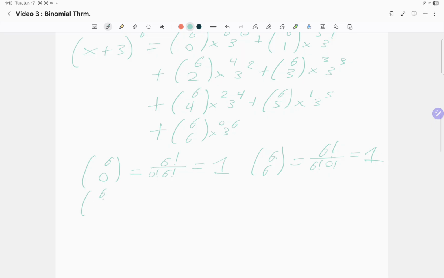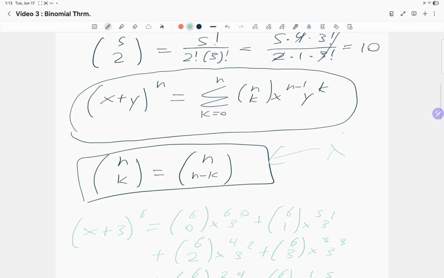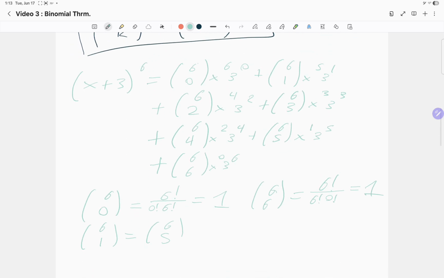If we do 6 choose 1, that is going to be equal to 6 choose 5 by this property that we have up here. So 6 choose 1 is equal to 6 choose 6 minus 1, which is 6 choose 5. This is equivalent to 6 factorial over 1 factorial, 5 factorial, which is equal to 6.